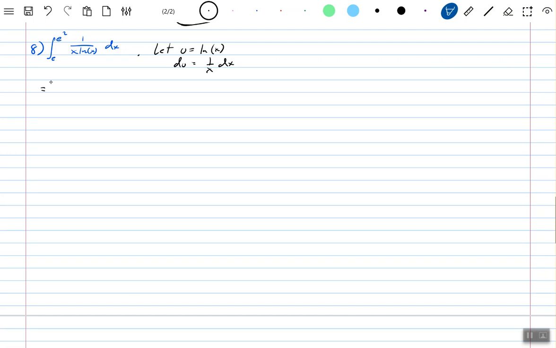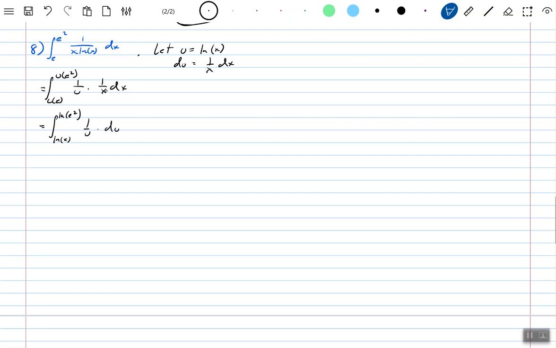So this integral becomes the integral from u of e to u of e squared of 1 over u times 1 over x dx. Well, that's just equal to the integral from u of e, but that's just the natural log of e, to the natural log of e squared of 1 over u times du.